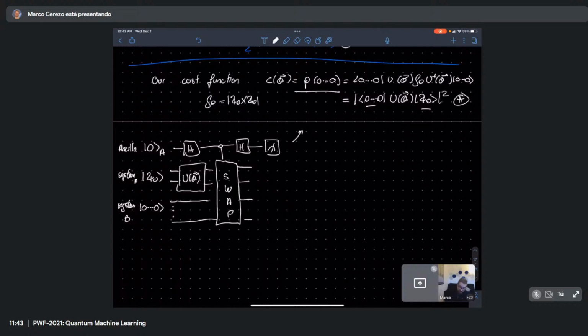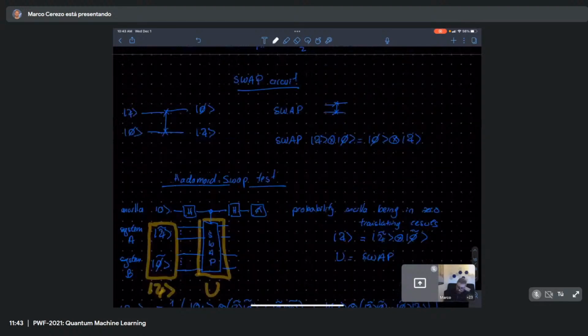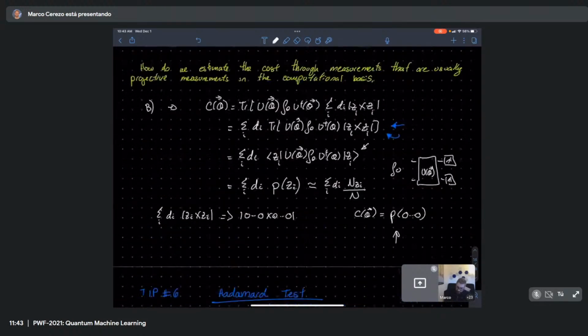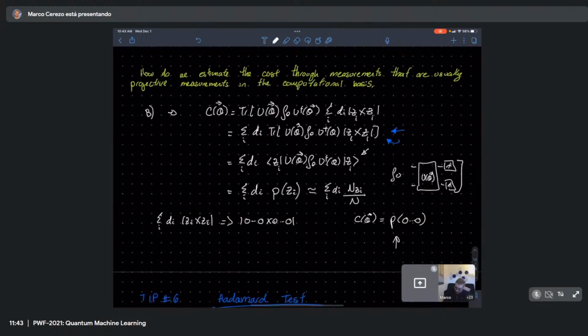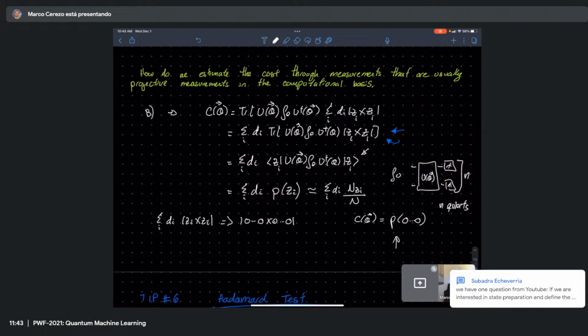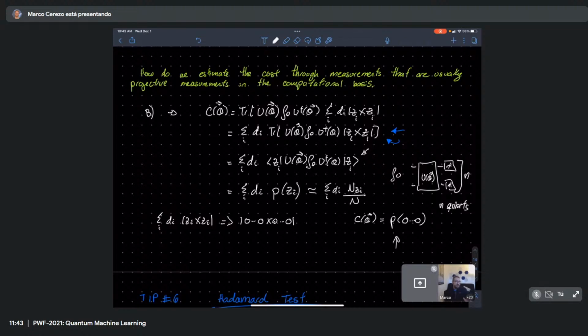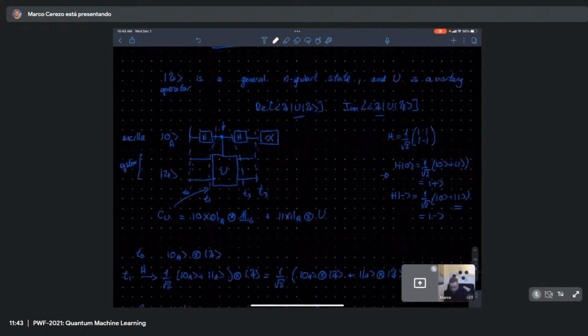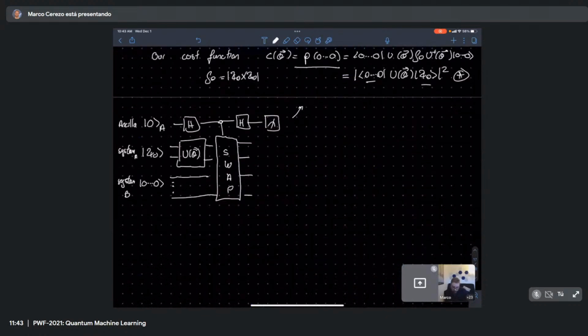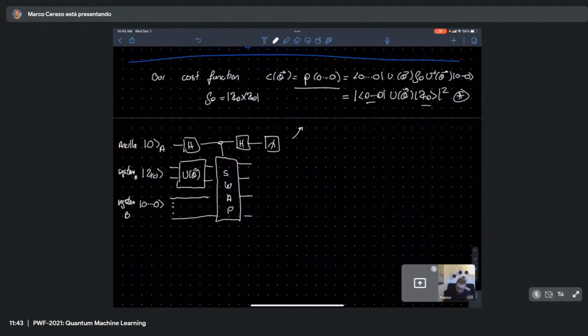So of course, there are some things that are going to come into play. For instance, if we are running this circuit to estimate the cost function, this is a circuit that only requires n qubits, but it has the problem that we are hoping to get something like one probability among many probabilities, right? So maybe we don't want that. So maybe we want to use the Hadamard swap test. Now, how many qubits does this require?